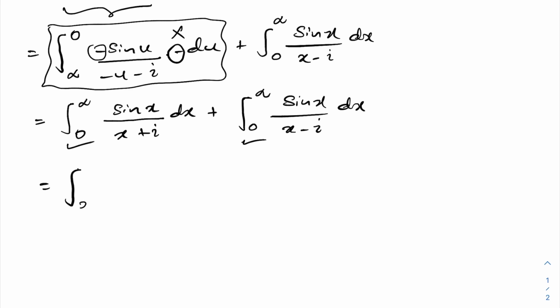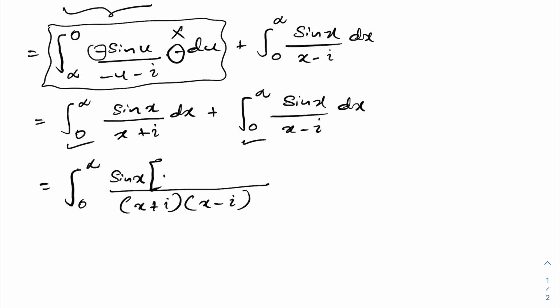So 0 to infinity. Now I am going to take the common denominator. We know we have x plus i times x minus i. Here in the numerator we know sine of x is a common factor. So here x minus i plus x plus i dx.